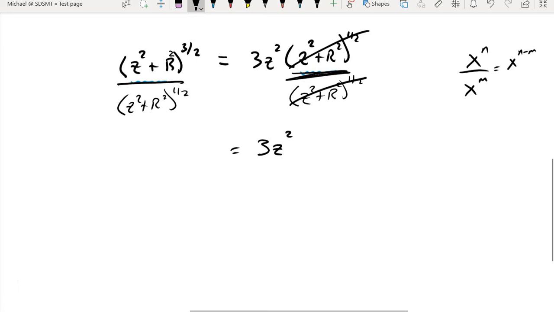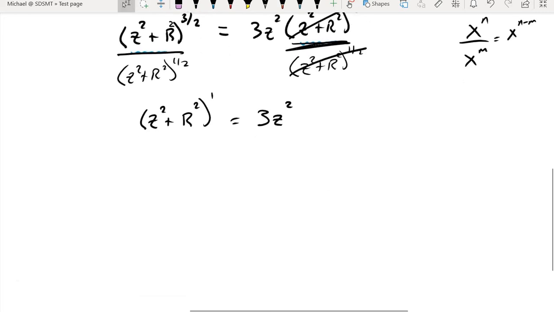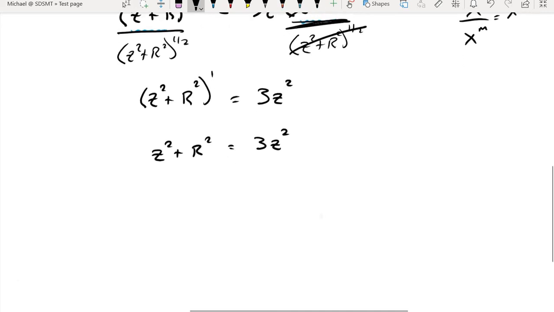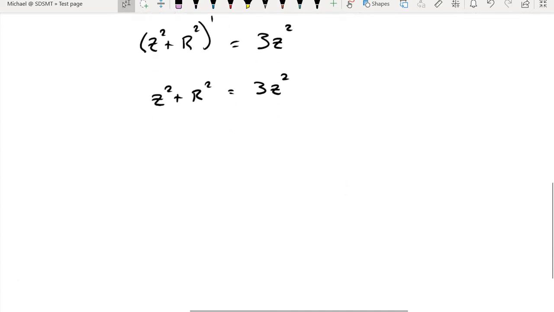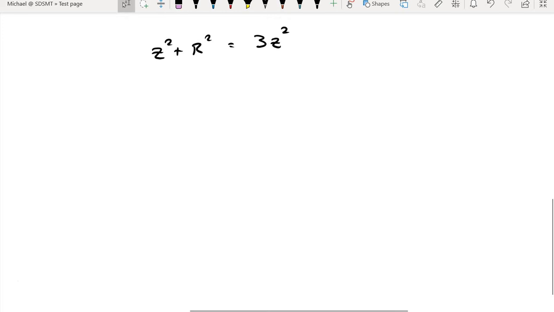And so 3/2 minus 1/2 would be 2/2, or 1. Z squared r squared to the first power, but we really don't need that parenthesis set anymore since it's just to the first power. And oh, this is looking really nice now. We can solve this no problem.